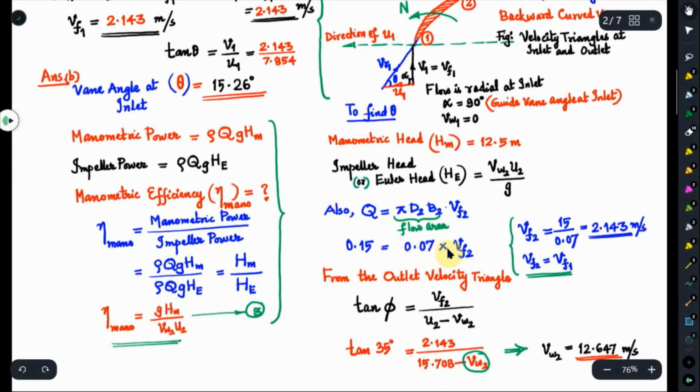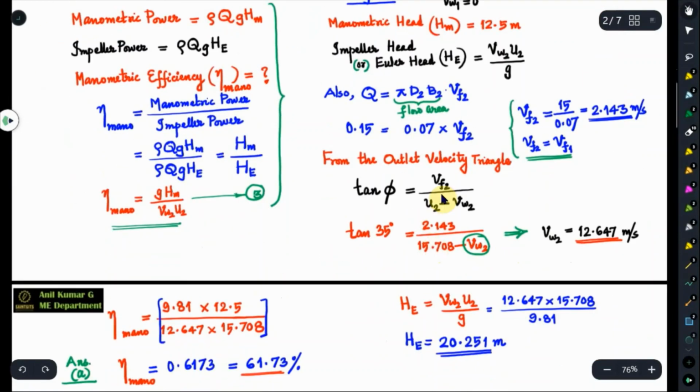Since the flow area is same from inlet to the outlet, the flow component of velocities at inlet and outlet, Vf1 and Vf2, are equal. Here Vf1 is equal to Vf2 is equal to 2.143. And now from the outlet velocity triangle, tan phi is equal to Vf2 divided by U2 minus Vw2.